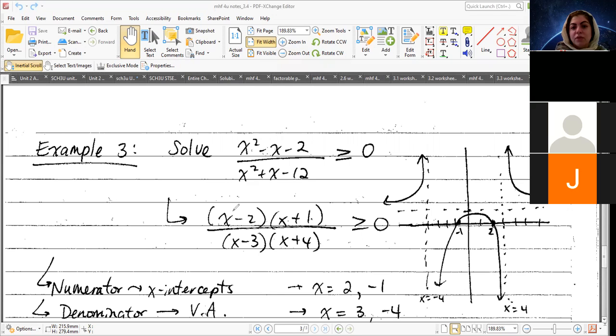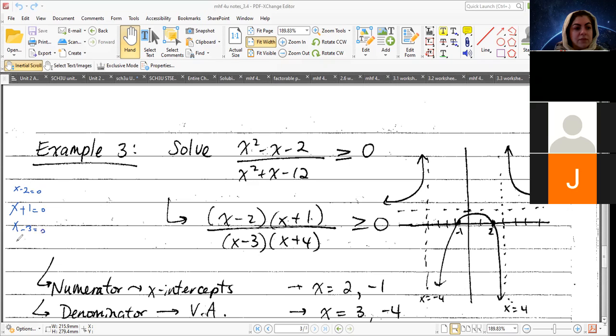Because assuming that you are grade 12 students knowing this stuff, then you need to find the zeros in the numerator and denominator. So x minus 2 equals 0. x plus 1 equals 0. x minus 3 is in the denominator, right?